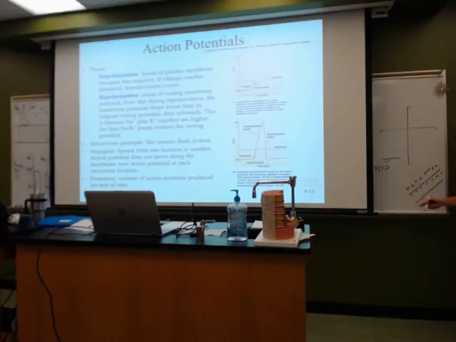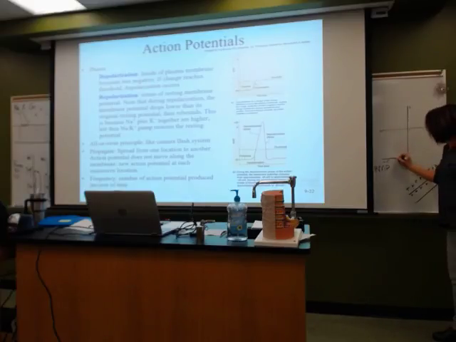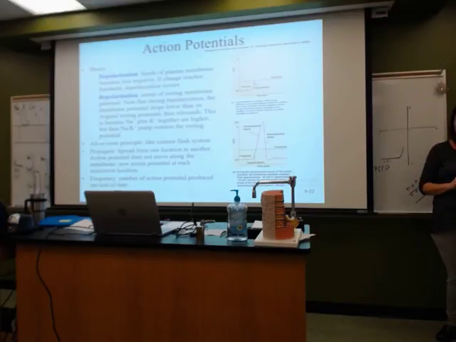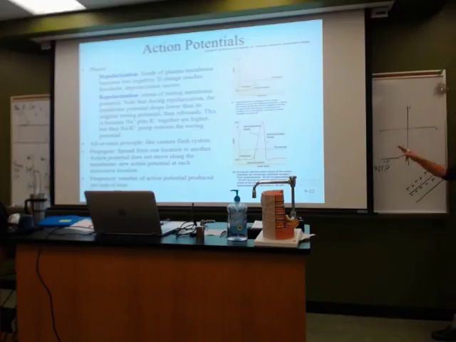We changed the inside of that muscle cell to being more positive. So that tells me that my graph, if we're looking at it that way, my line is going to begin to go up, because sodium is rushing in, changing the electricity inside that cell.